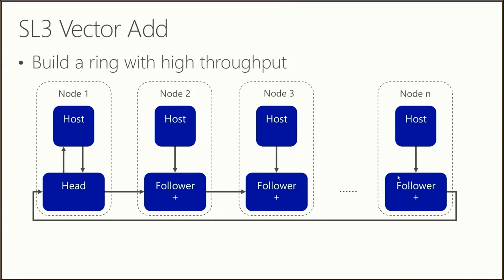You can see it's a ring. Basically the system can add up multiple vectors. Here there are n vectors, you can add up n vectors. When a vector goes through follower 1, it will add a vector on it. And when it goes through follower 2, it will add another vector on it, and so on. Yeah, it's a pipeline. You can stream on it, and if you have multiple vectors to be added up, you can keep it working.